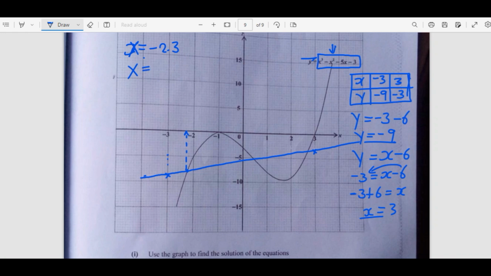Let's look at the other one. The other one is here. We do the same. So 0.1, 0.2, 0.3, 0.4. So I'm getting 0.4. The other one is here, 2.7. So x is equal to 2.7. So this is what you are supposed to do whenever you have a case like this one.